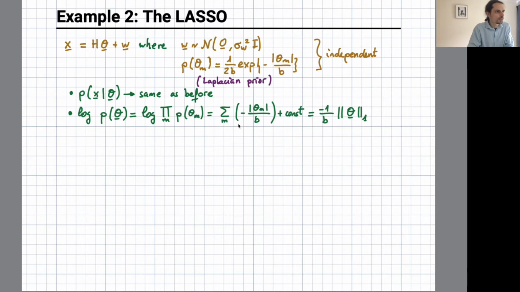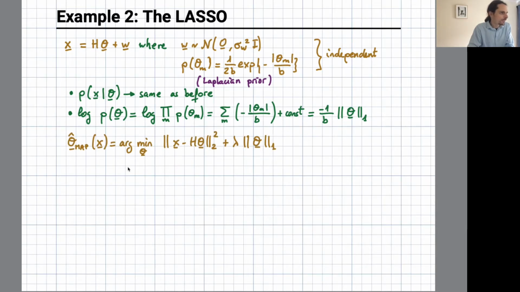This can be written by substituting this expression here and using the properties of the log, and simplified further. So we have minus 1 over b times this L1 norm plus a constant.